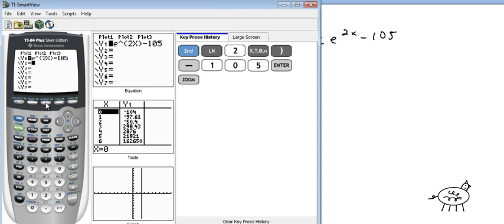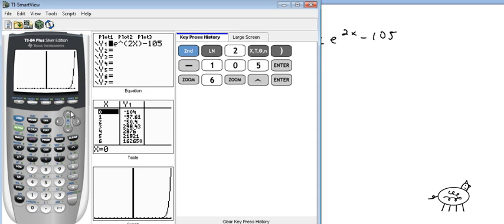And we're going to do zoom. Let's see, is zoom 6 going to work? No. Because that 105 is weird, we're going to do zoom fit. All right, and that kind of worked. You can see a little bit there. So what we're going to do is second, calculate, 0, and left bound.